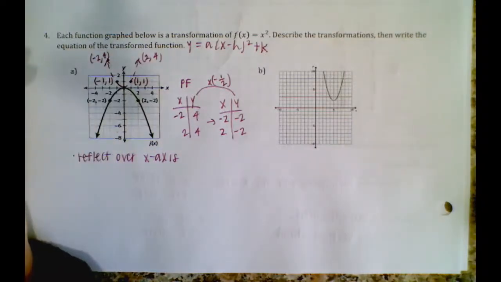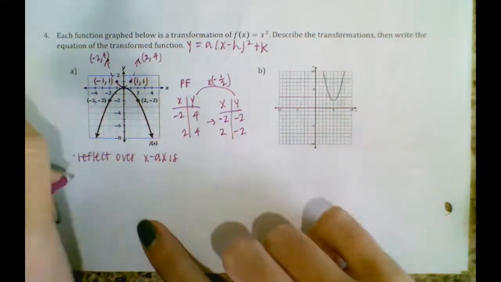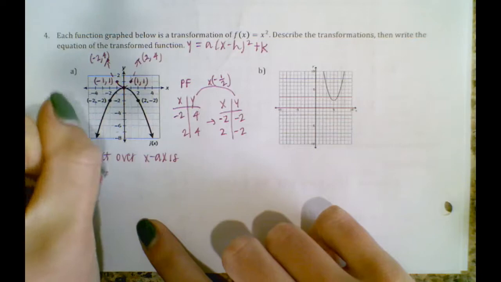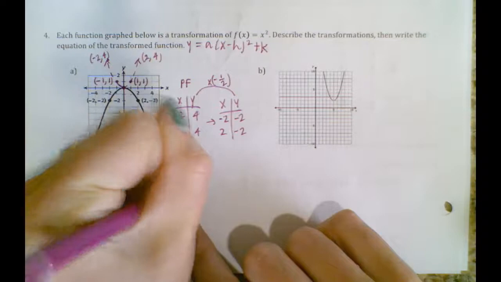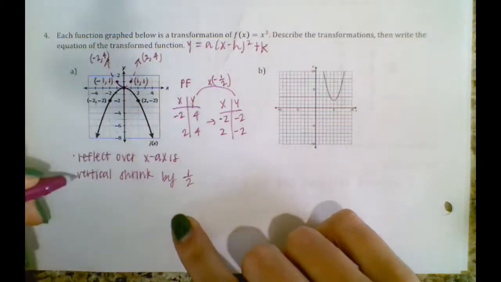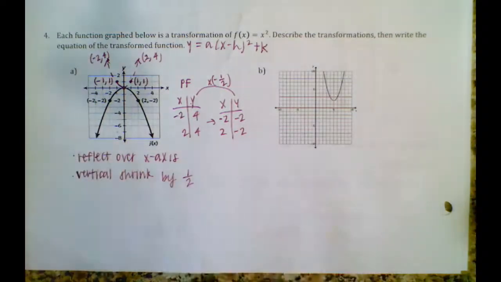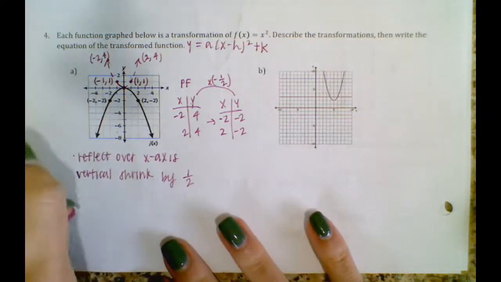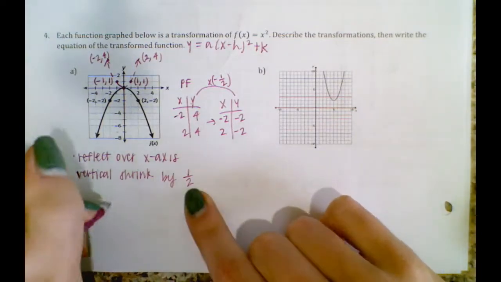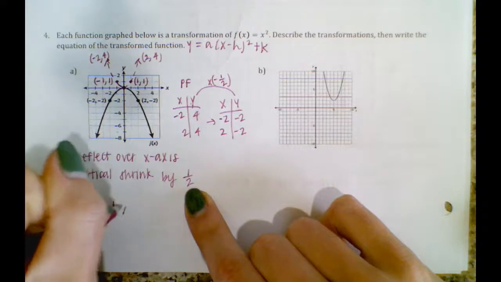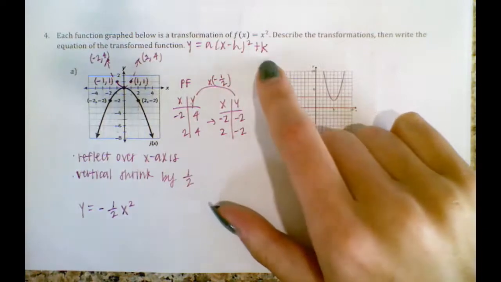So the negative comes from the reflection over the x-axis, and then this would mean that we have a vertical shrink by 1/2, because we multiplied the y values, which is the vertical, by 1/2, and because it's smaller than 1, that's a shrink. So when we write out this function, it would be y equals negative 1/2 x squared, because of the reflection the a value was negative 1/2, and it's just x squared because we do not have a shift left or right, and we don't have a shift up or down.